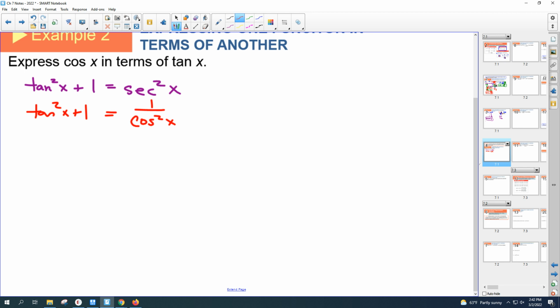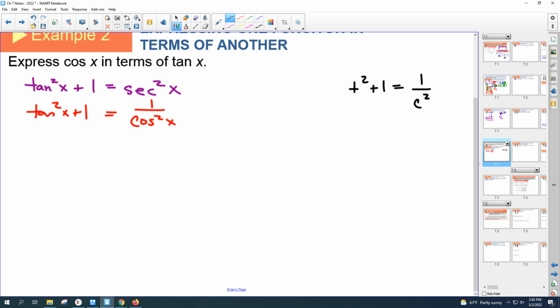You're tripping over the algebra and you don't understand what to do next. And I would encourage you, if you get stuck, to just take the trig out and just look at the algebra. So if I took the trig completely out of this problem and just look at the algebra, it says t squared plus 1 equals 1 over c squared. That's what the algebra would say with no trig in it.